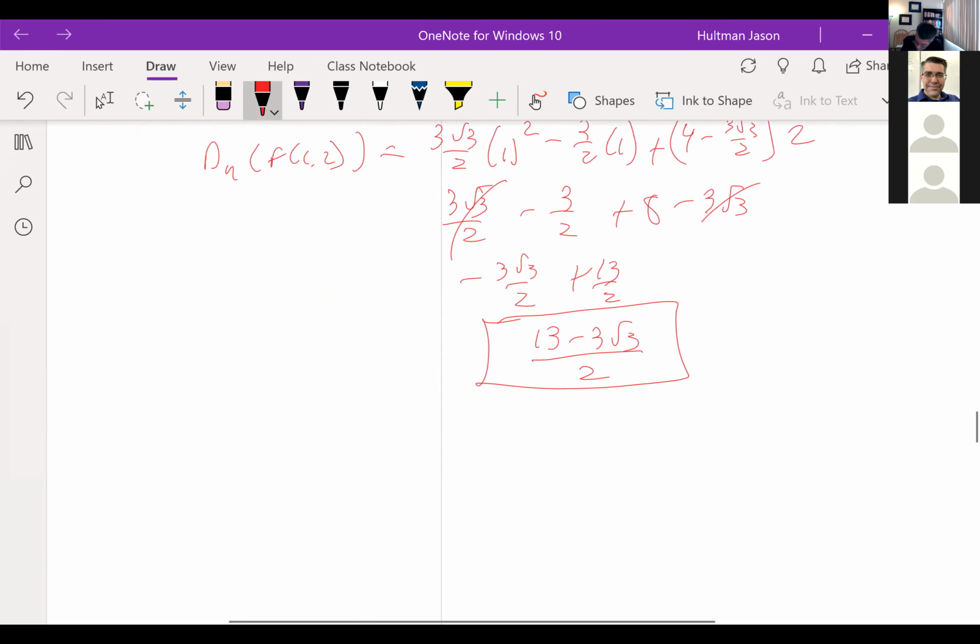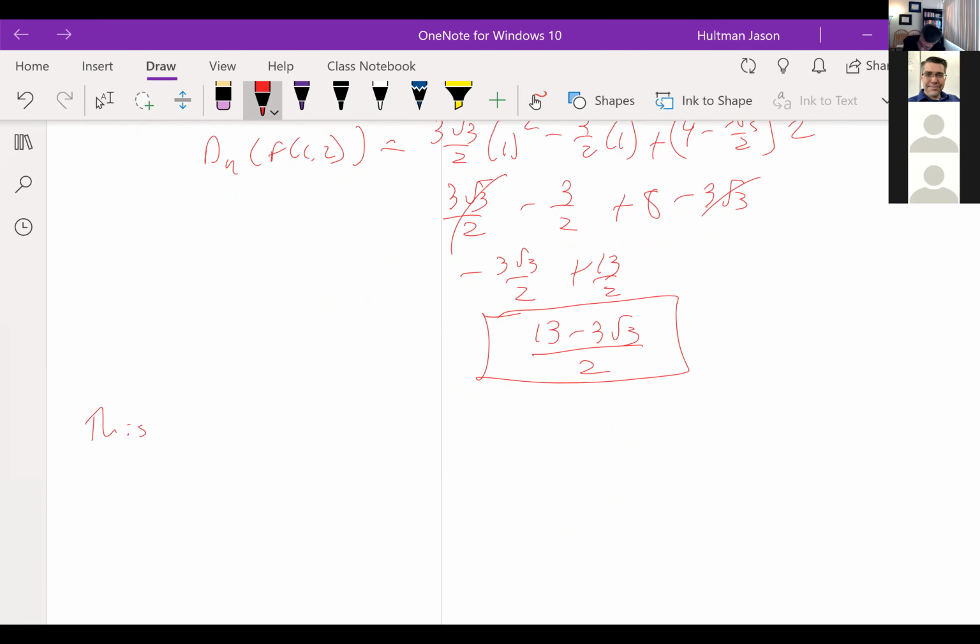Okay, so what does this represent? It represents the rate of change of z in the direction of u.